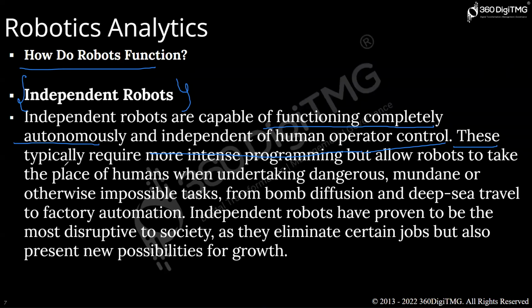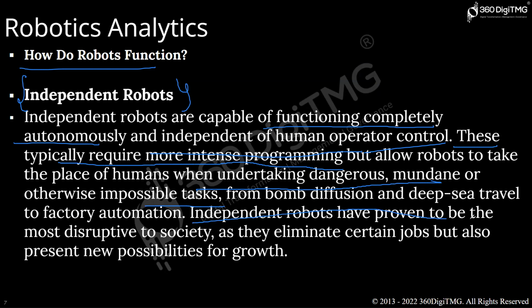These typically require more intense programming, and they allow robots to take the place of humans when undertaking dangerous or otherwise impossible tasks. As I said, guys, in Japan, for example, it got automatically generated by itself. So that is what we should be aware of before we implement it.